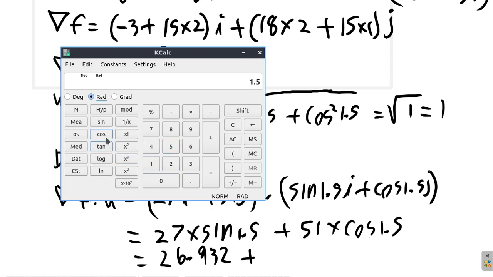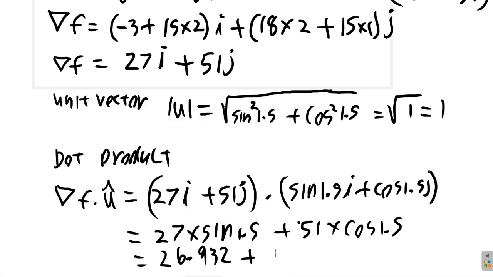Cos of 1.5 multiplied by 51 equals 3.608 when you round it off. 3.608.